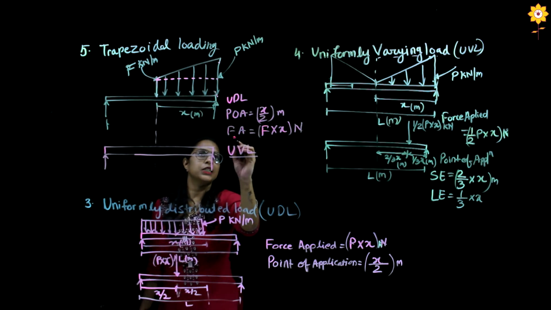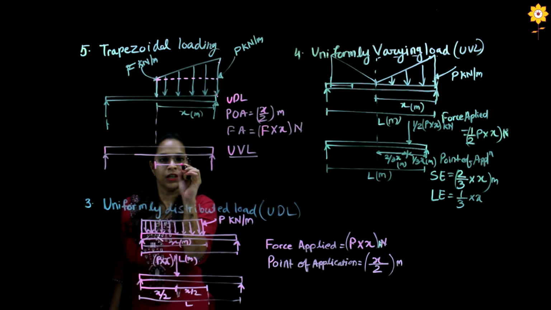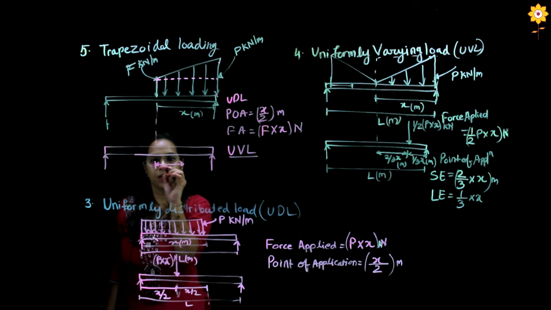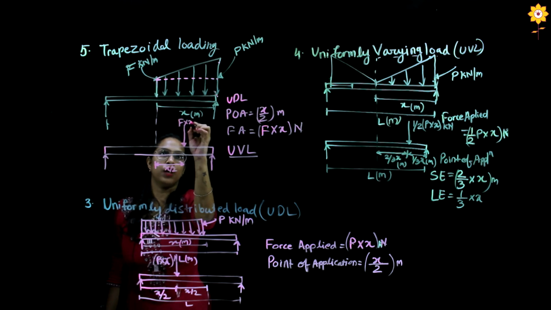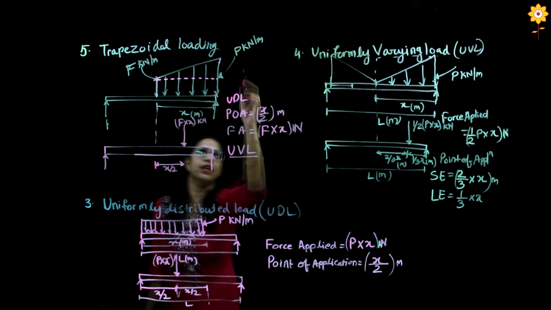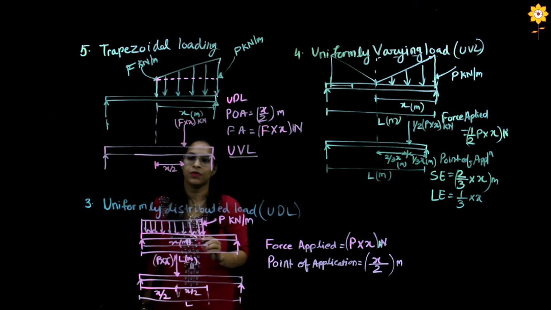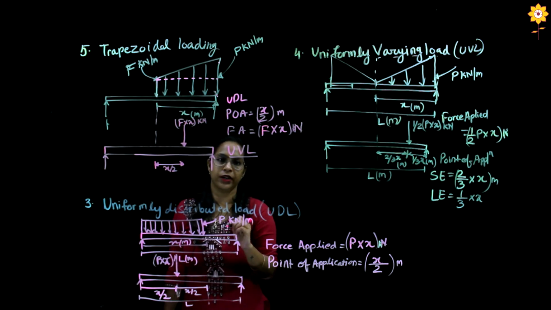The UDL acts at a distance of x by 2, so I'll draw x by 2 here, that is half of x, and I'll place a load of F into x kilonewtons here. This is the first condition. Then I'll solve for the UVL now.